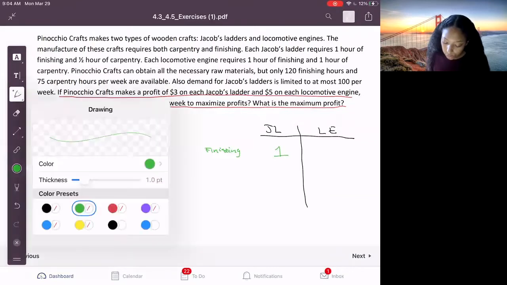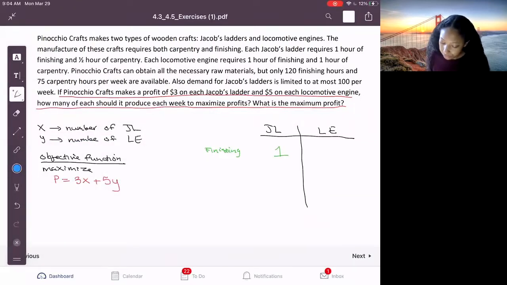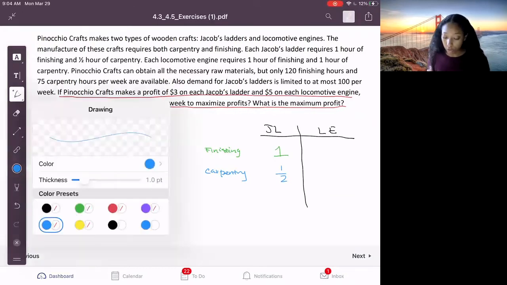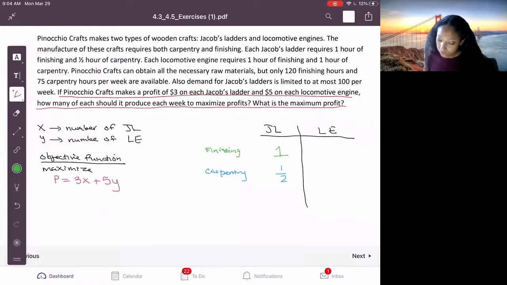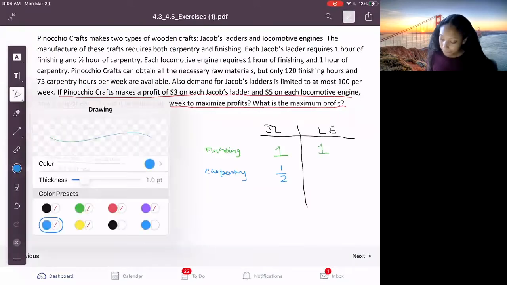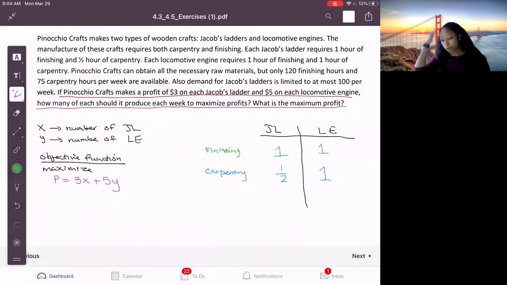And we'll let blue represent the carpentry, and that's 1/2 in this situation. All right, for the locomotive engine, I'll go back and highlight in the sentence in a minute. We have 1 hour of finishing and 1 hour of carpentry. So 1 and 1.